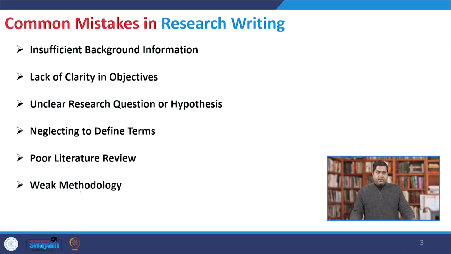So if we start discussing the common mistakes in research writing, one is definitely insufficient background information. When we start writing, we are very familiar with our own research, our own findings, information and data, but at the same time it is important to start your write-up with the background.